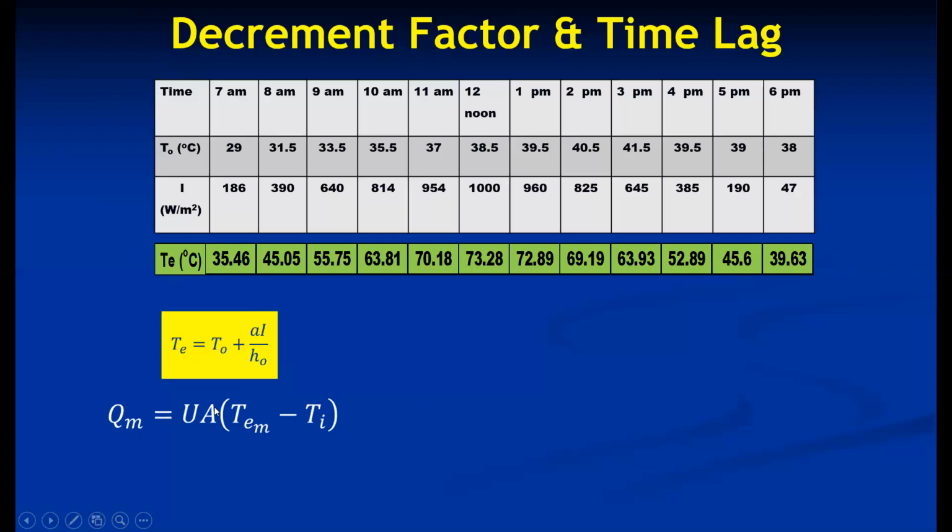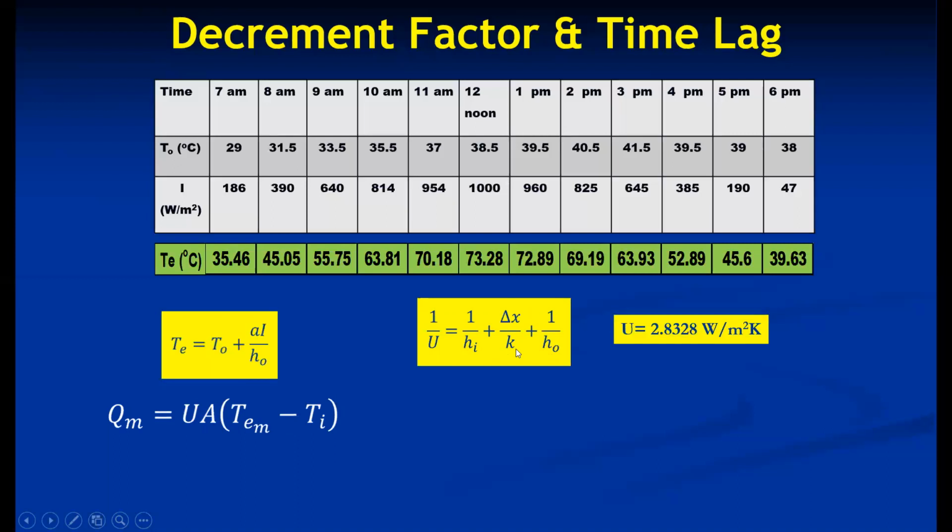Now the mean heat transfer, which is asked, is given by UA times TEM minus TI. TEM is already given, that is 44.74. TI is also given, inside temperature is 25 degrees Celsius. A is given, 1 meter by 1 meter, that is 1 meter square. The U value is not given, but we can calculate it based on the inside and outside heat transfer coefficients, as well as the thickness of the wall and the thermal conductivity of the wall, which are given.